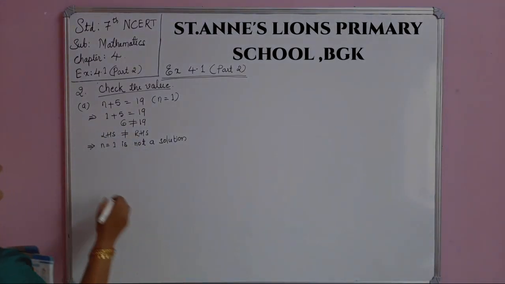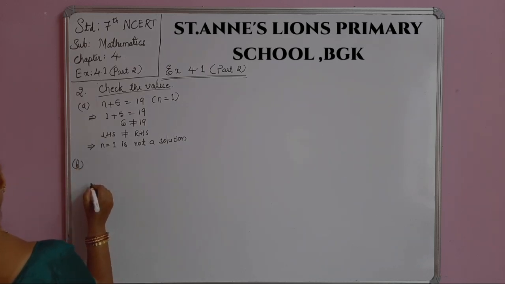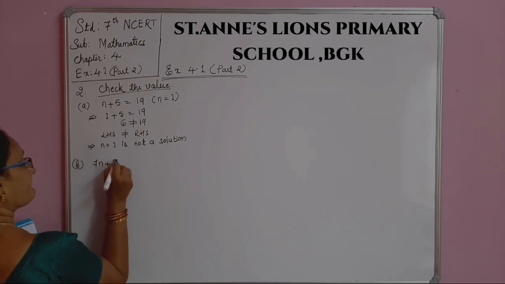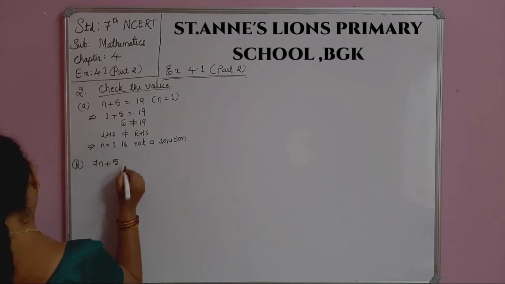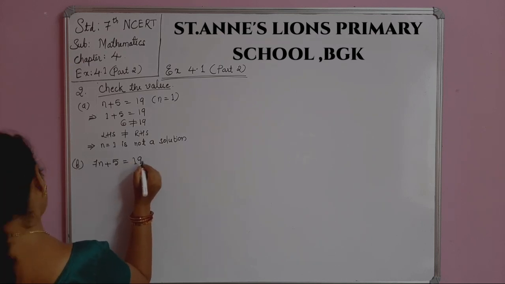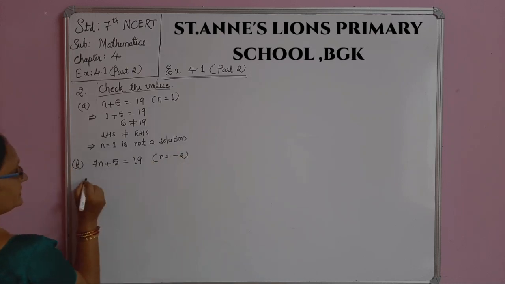Next one, that is B: 7n plus 5 is equal to 19. Here the value given in the bracket is n equal to minus 2.